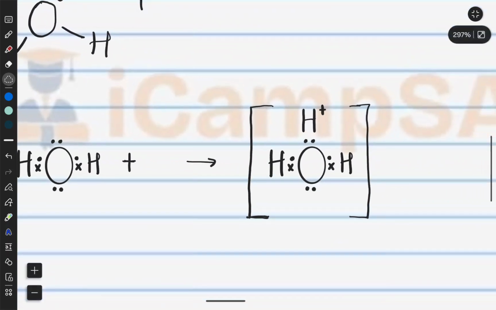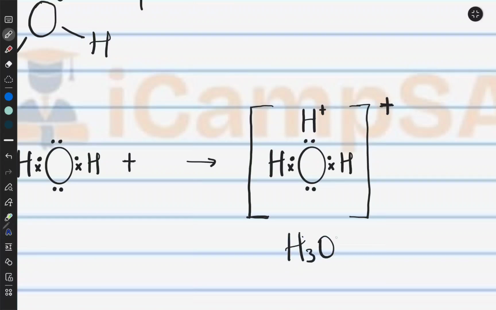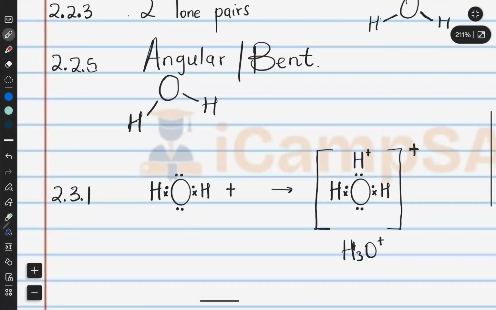So let me repeat that. Then you add a plus here. So the reason we do the square brackets is that everything in the brackets is what you would call the hydronium ion, H3O plus. Okay, so during the... where's my hydrogen here?